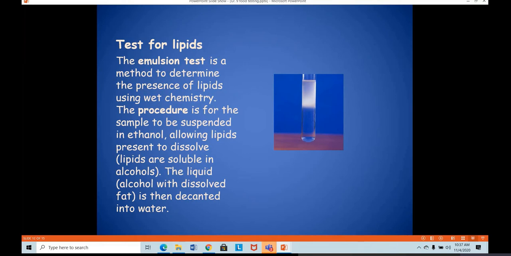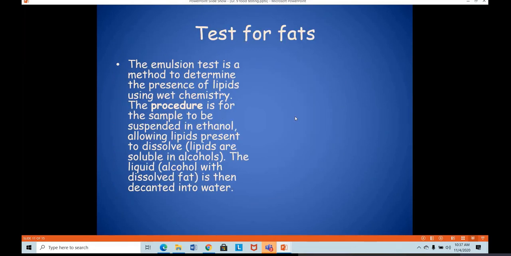So the emulsion test is a method to determine the presence of lipids using wet chemistry. Why are we saying wet chemistry over here? Because we are using ethanol. Okay, so have you heard of the term ethanol, ladies, earlier? Yes. Yeah, what is it, ethanol?